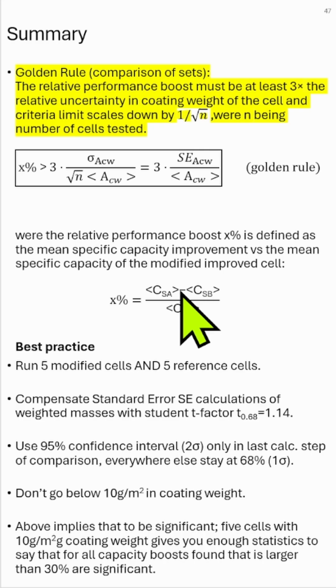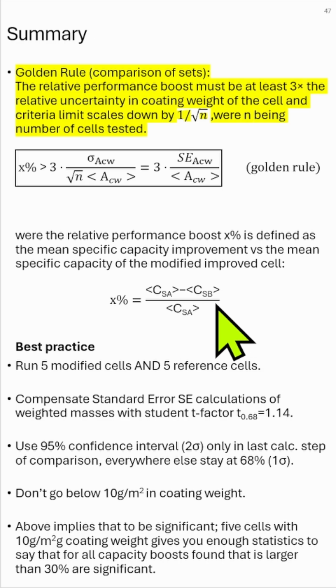So it's the difference between those two test sets that we test, divided by the modified specific capacity and not the initial reference. That's important. This is how we define the X percentage here. So it's not a regular percentage improvement. It is in this perspective how much worse the reference is compared to the improvement. That's what the formula actually says.